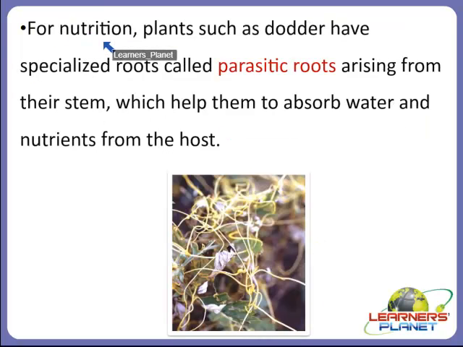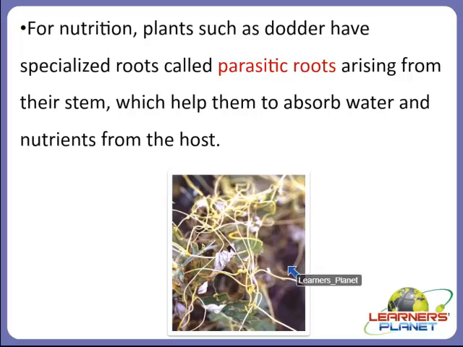Thereafter comes nutrition. There are some plants whose roots get modified into various forms and perform the function of nutrition. So for nutrition, plants such as dodder have specialized roots called parasitic roots arising from their stem, which help them to absorb water and nutrients from the host plant.